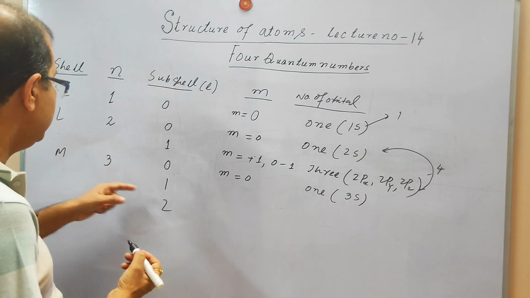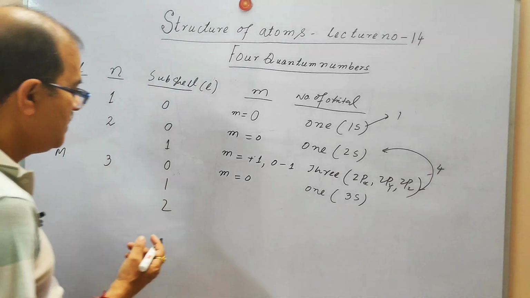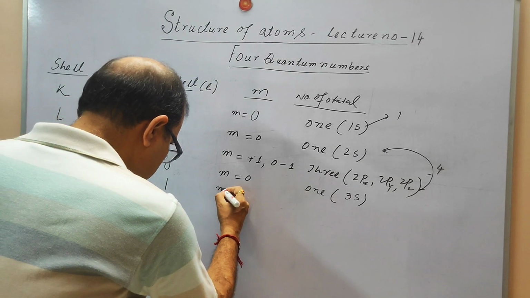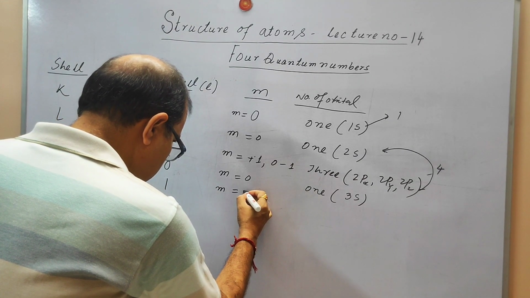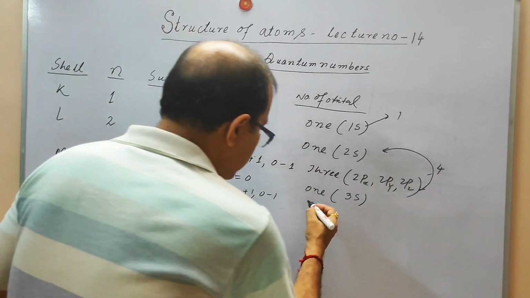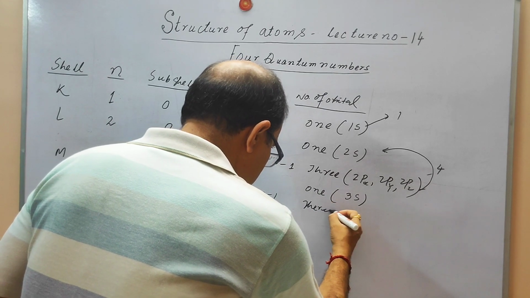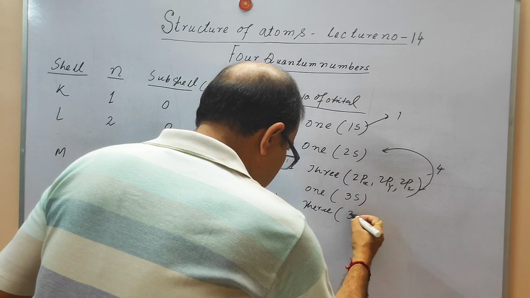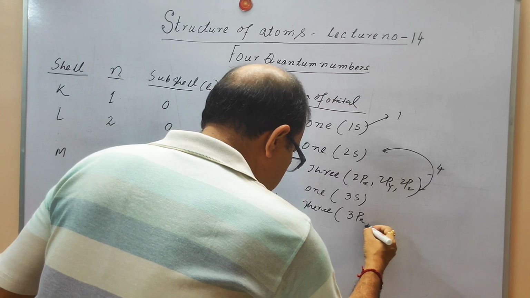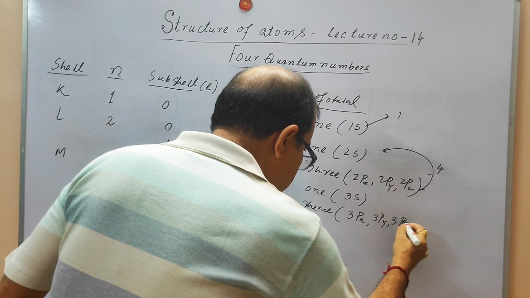For the next subshell, when n equals 3, it will have 3 subshells. The second subshell will have m equal to +1, 0 and -1, so again 3 orbitals, and its names will be 3px, 3py and 3pz.